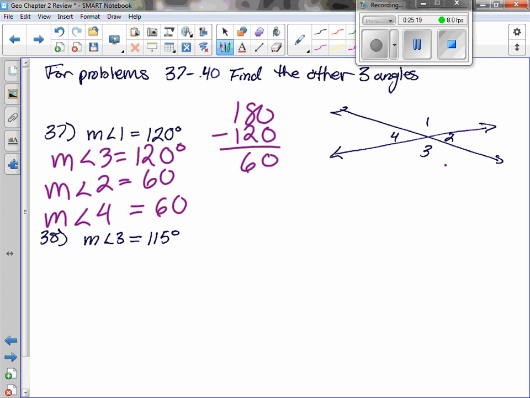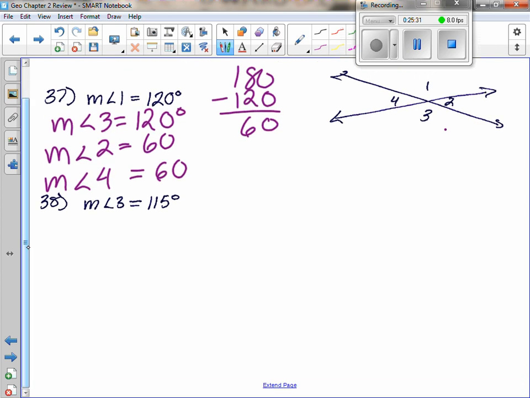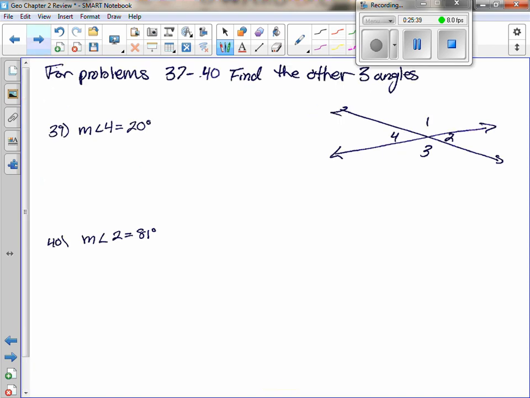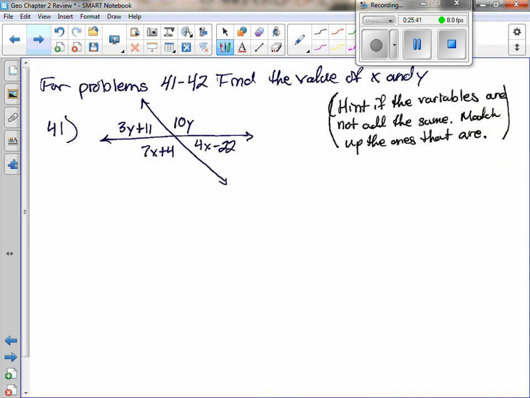So for any one of these four problems, how many different angle measures should I have? Two. Because here we'll have 60, 60, 120, and 120. Any questions on these here? Do we feel comfortable with these here? Yes? Those are the same.